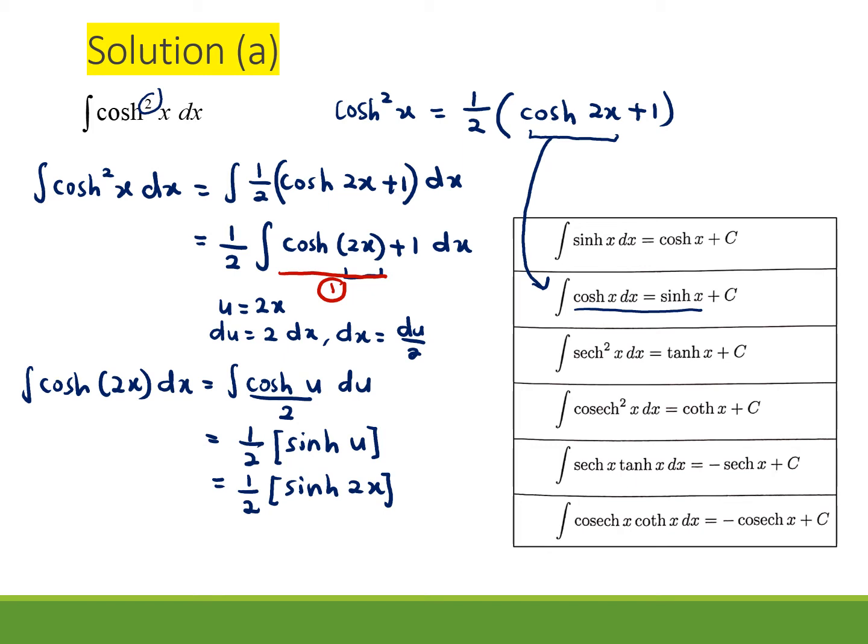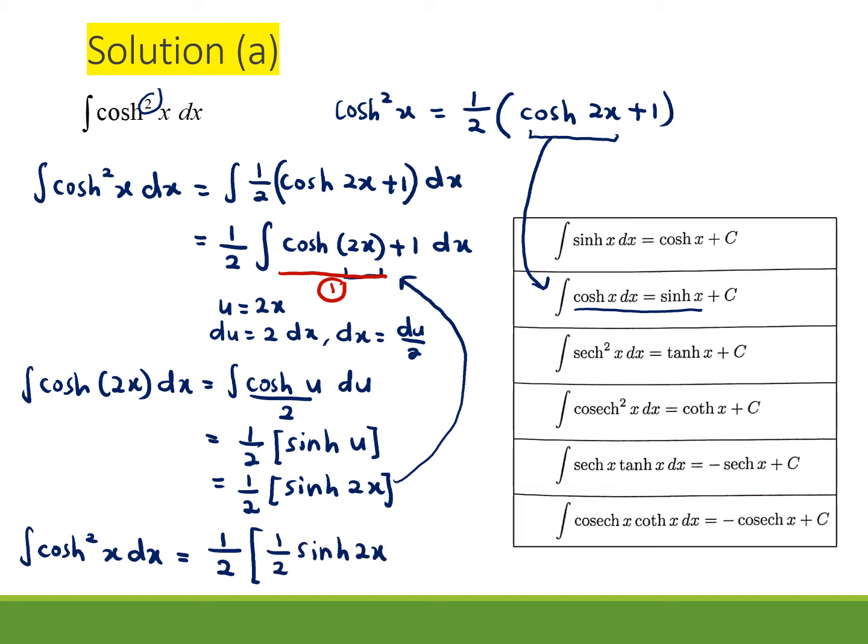We substitute this back into the first integration. We get the integration of cos hyperbolic square x dx is equal to 1 over 2 times the integration of cos hyperbolic 2x dx, which is 1 over 2 sine hyperbolic of 2x.